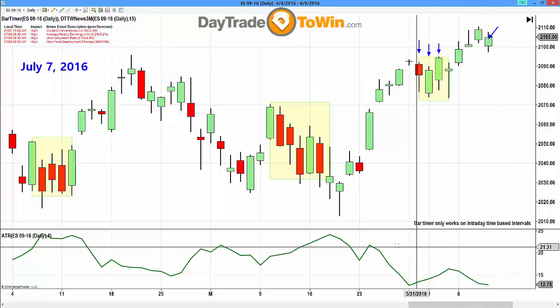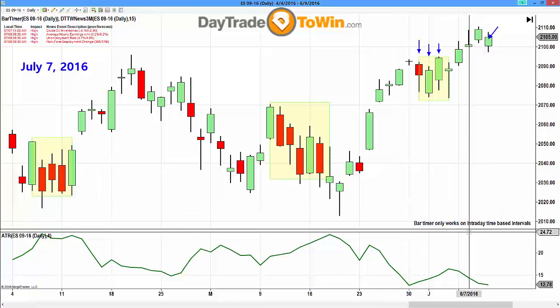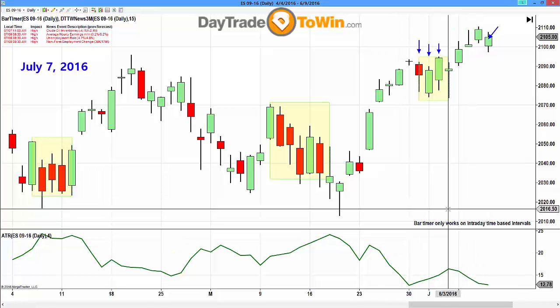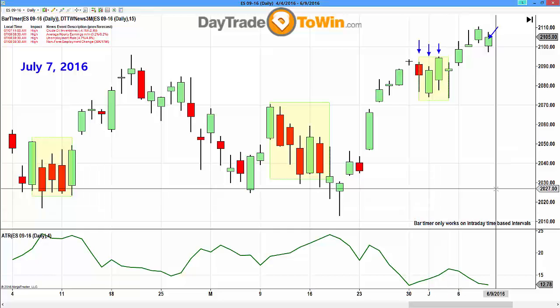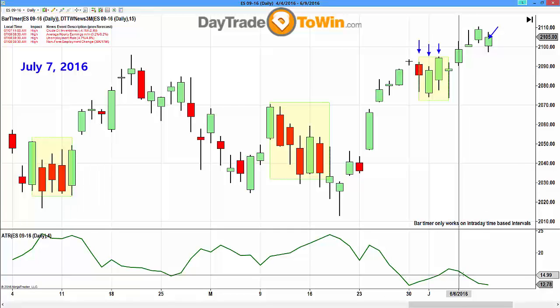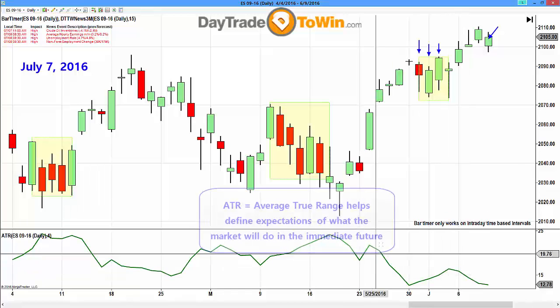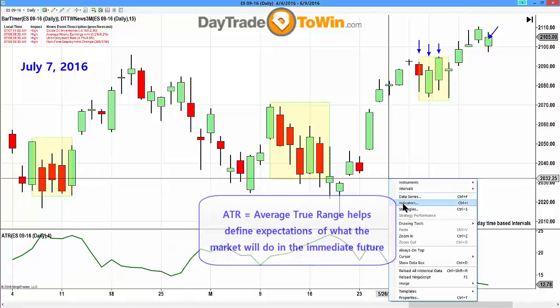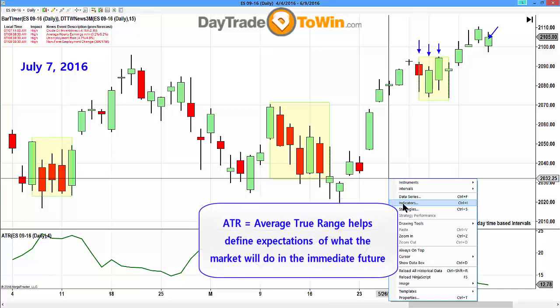Now, the tool that I really like to use, and I have a lot of videos on this, which I recommend everyone look at, and I'm going to go over today as well, is this ATR, the average true range. The ATR is one of the most undervalued indicators or tools that traders overlook.